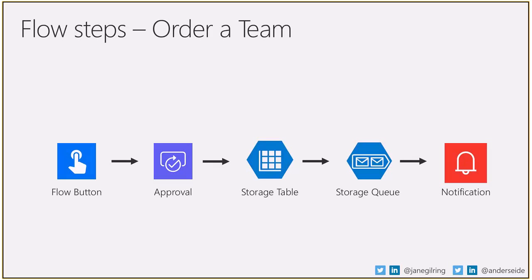I will go into the queue afterwards. But finally, if all of those steps succeeded, a notification will be sent back to the user in the Flow app saying that your request was approved and your team will be ready within a few minutes or so.